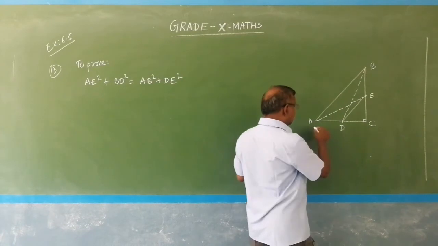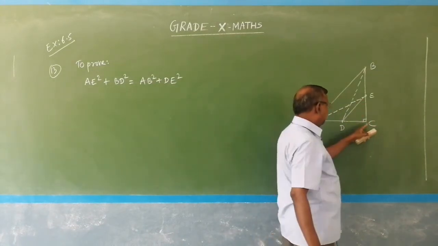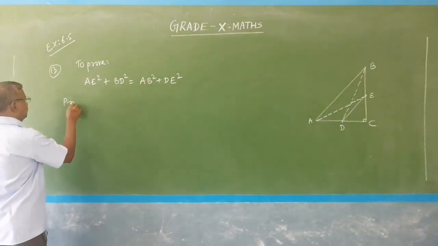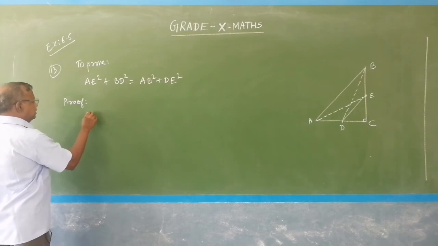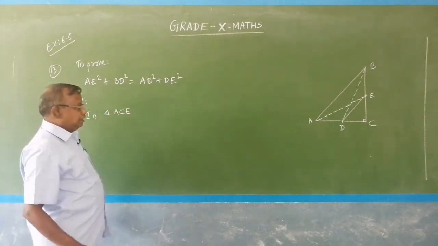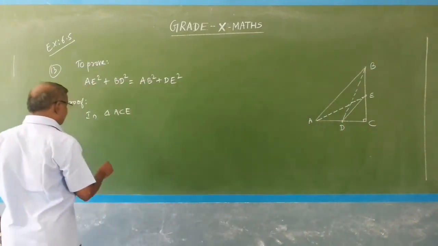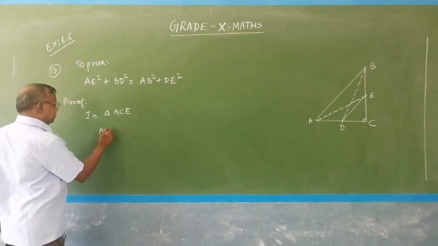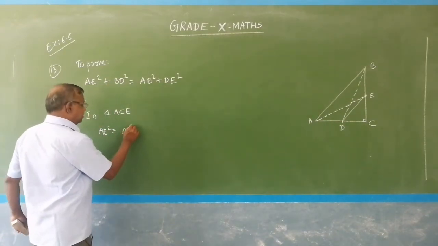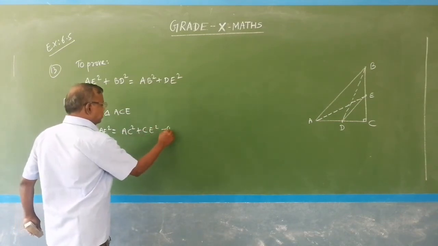In triangle ACE, clearly it is a right angle triangle, right angle at C. In triangle ACE, AE is the hypotenuse. So AE square equal to AC square plus CE square. Say this is 1.